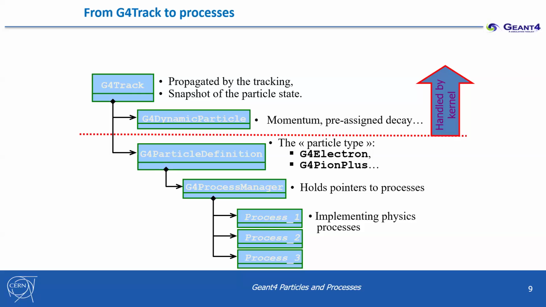This upper part is handled by a kernel. Kernel does not know type of processes, does not know details. It takes abstractly a track and propagates it through geometry.